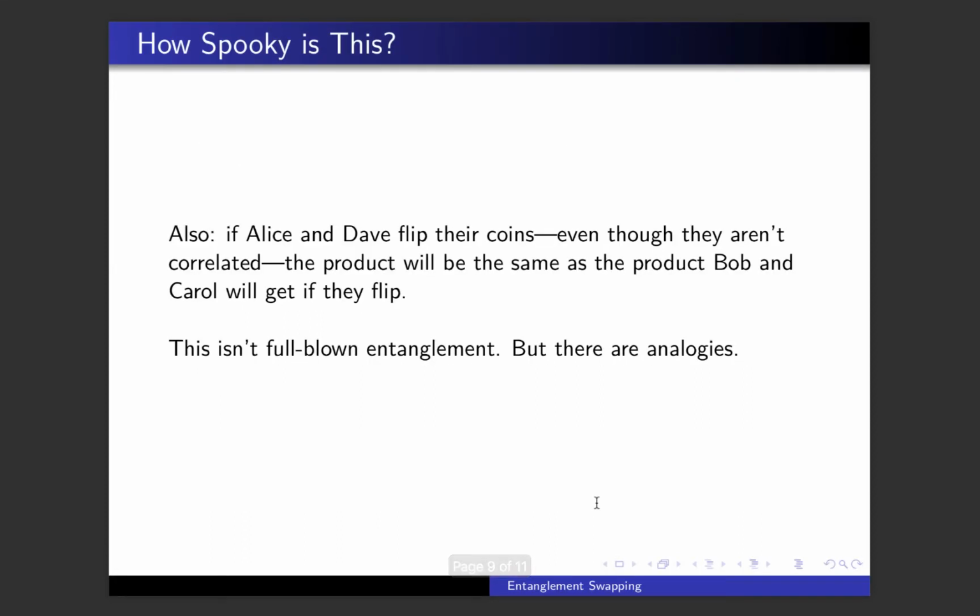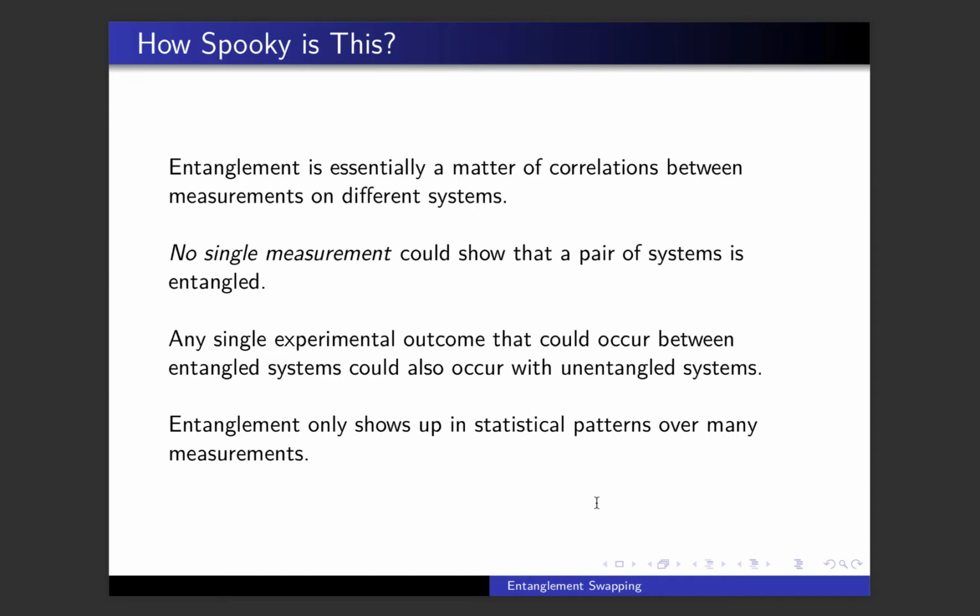But nonetheless, you may be impressed by the differences. I mean, you may think that quantum entanglement is importantly different enough that there's something extra going on here, and I wouldn't disagree for a minute. The question is just how do we think about this extra? And here's the point. Entanglement is essentially a matter of correlations. Entanglement isn't something that you can recognize in one shot by itself.